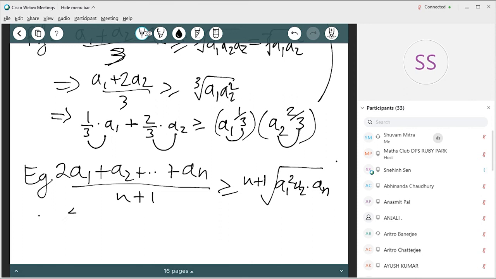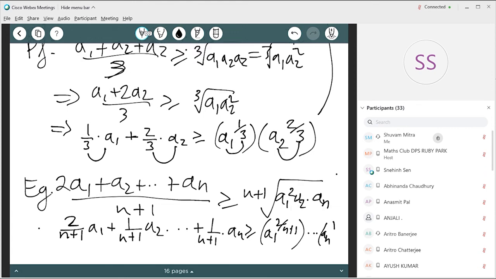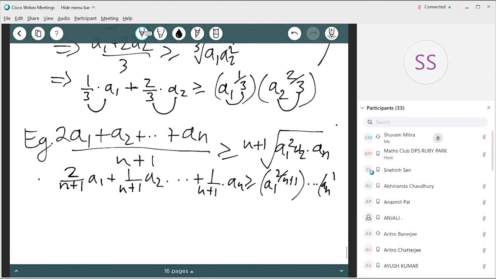And this can also be written as 2 by n plus 1 times a1 plus 1 by n plus 1 times a2 and so on, 1 by n plus 1 times an is greater than or equal to a1 to the power 2 by n plus 1, a2 to the power 1 by n plus 1, and so on, an to the power 1 by n plus 1. This is the whole of it.